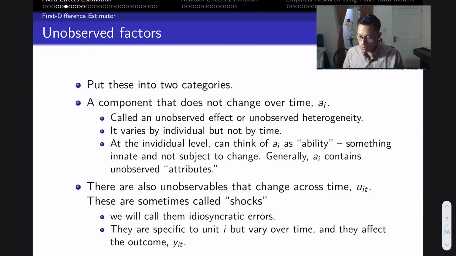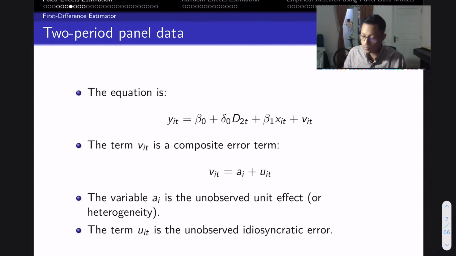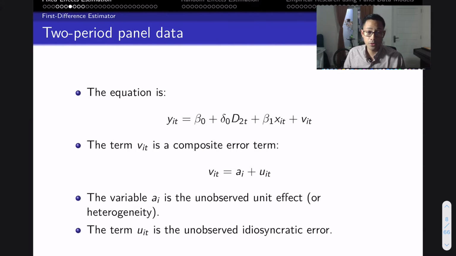Okay, so let's dig into the equation. Here you have the outcome variable y_it. You also have a dummy variable which is equal to 1 if it's in the second period. Remember, we only have two periods here. And then you have the explanatory variable. I'm just going to use one explanatory variable for simplicity, and you can extend it to multiple explanatory variables in a straightforward manner.